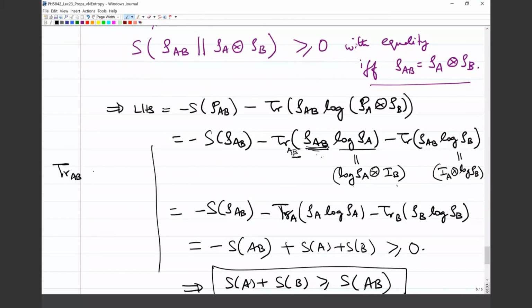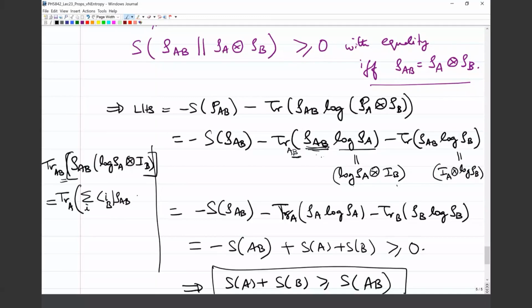so let me write it. So this is rho AB times log rho A tensor identity on B, correct? So now I can first do the trace over B alone. When I do the trace over B alone, this becomes trace over A, sum over some basis in B, of rho AB.